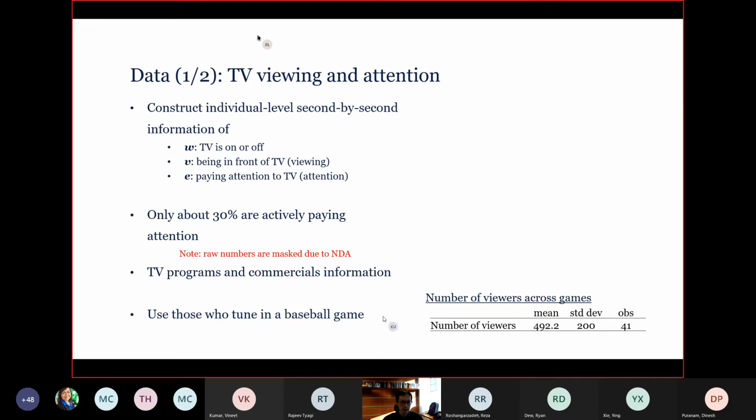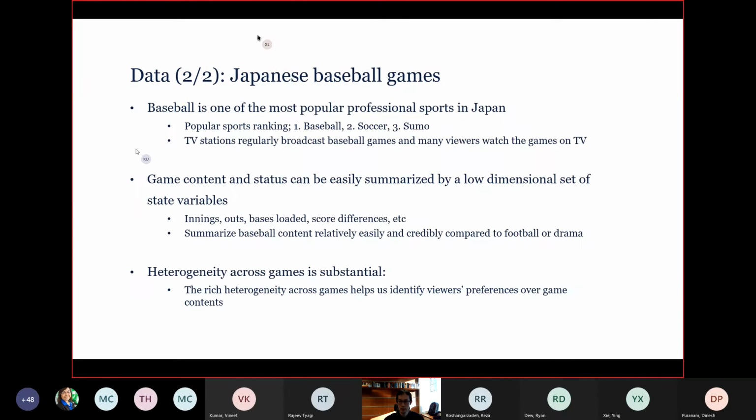In 2018, the year we're going to use for the analysis, we have 41 different games broadcasted by the national TV channels. And for each game, on average, we have 500 unique members. That's the first data, about attention and viewing.